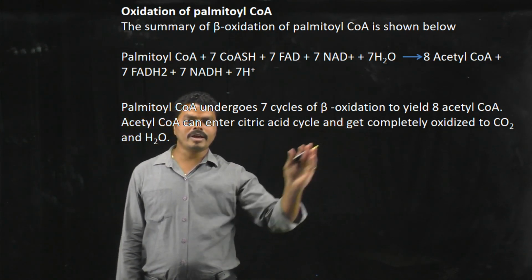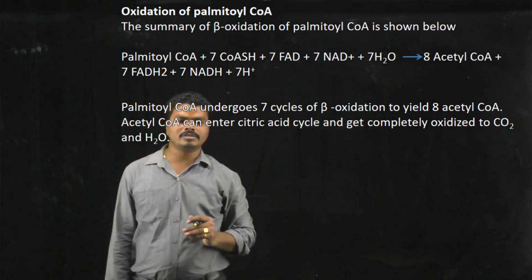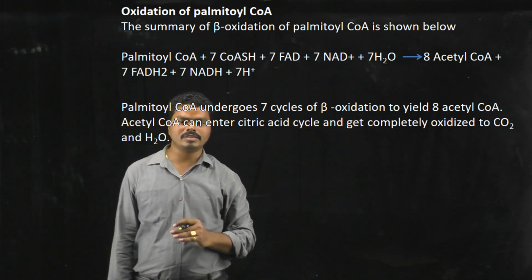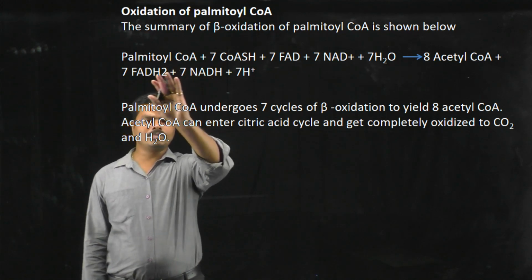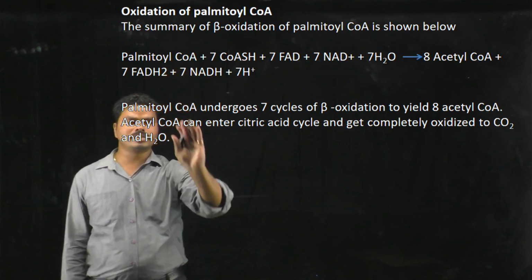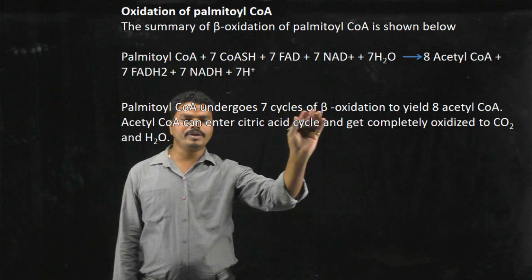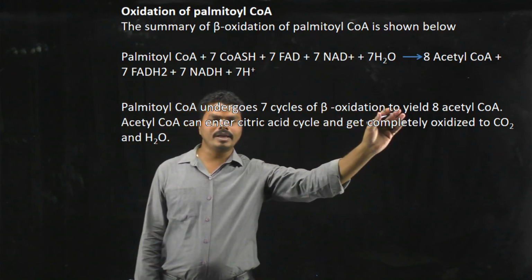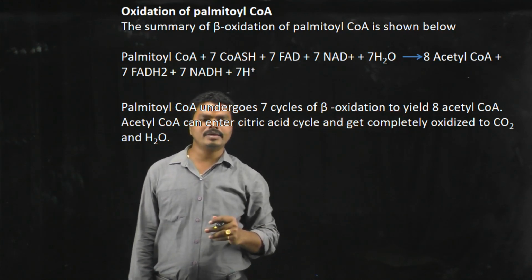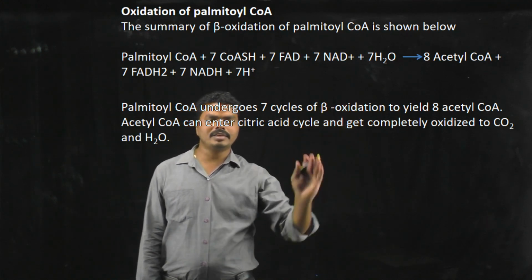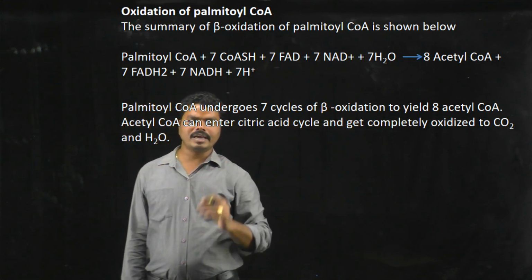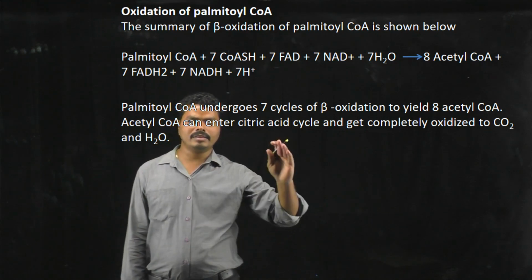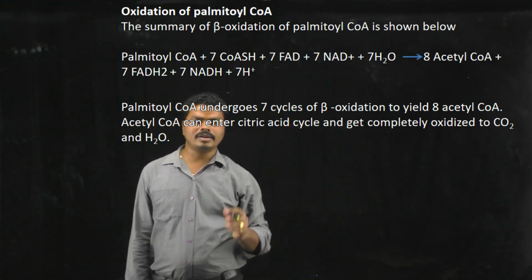Liberation of carbon dioxide and water from the acetyl-CoAs. So one palmitoyl-CoA molecule is subjected to 7 cycles of beta oxidation to yield 8 acetyl-CoAs, and these 8 acetyl-CoAs will enter into the citric acid cycle. Then they are converted into carbon dioxide and water.